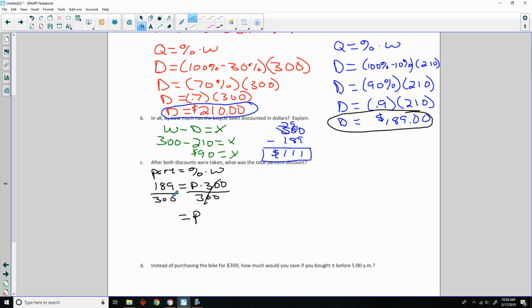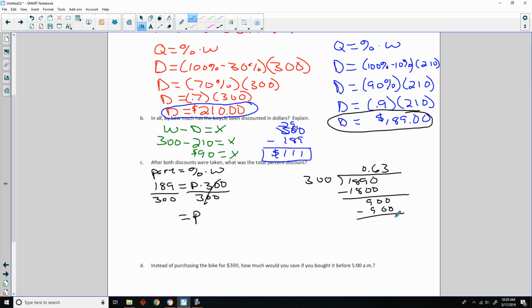Hey Siri, what's 189 divided by 300? Oh, I don't have my phone with me. So I'm going to have to do it this way. 300 will not go into 189, so I need a decimal. 6 times 3 is 18. Subtract and get 900. 3 goes into 9 3 times.